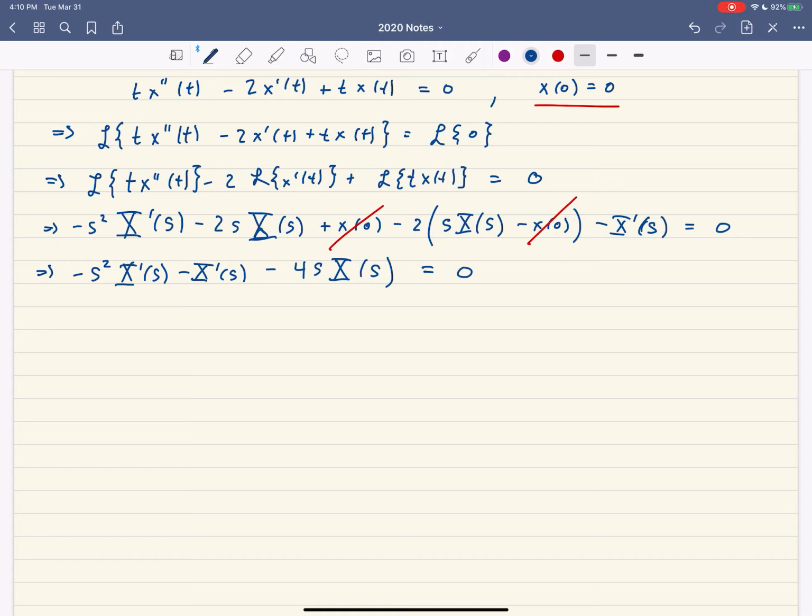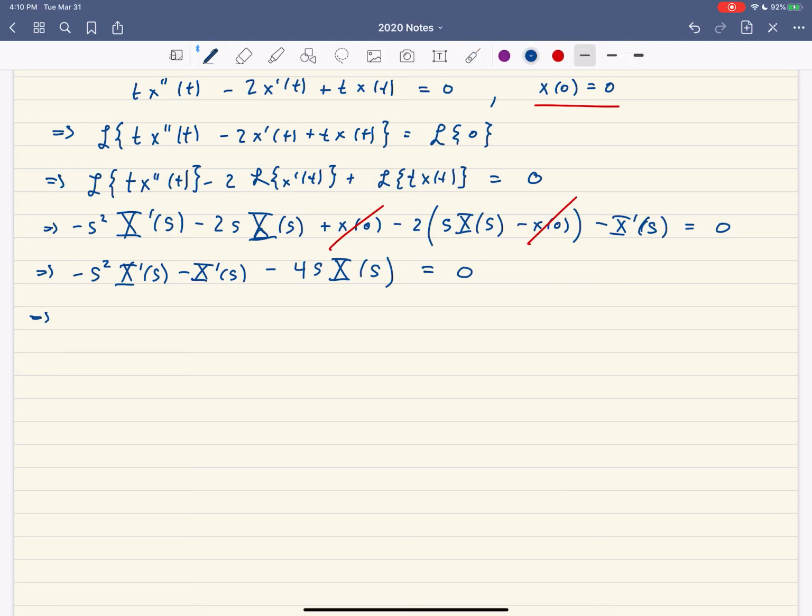We're going to need to solve for capital X so that we can take the inverse transform. We have capital X and capital X prime, which means that we actually need to solve this differential equation for capital X. It doesn't really matter how we proceed from here; there are lots of orders.